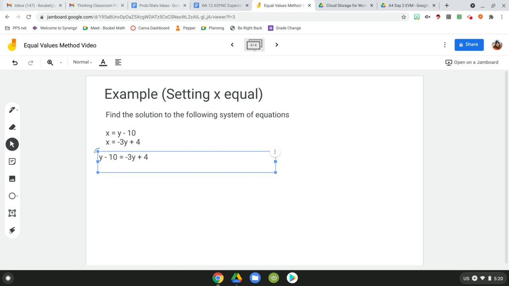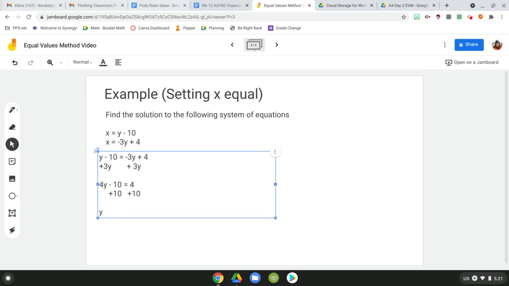Okay, my first step here, I'm going to go ahead and add 3y to both sides. Plus 3y. All right, so now I've got 4y minus 10 equals 4. Okay, now I'm going to add 10 to both sides because I need to get that y by itself, so I need to start getting rid of the stuff that goes on that side with y.